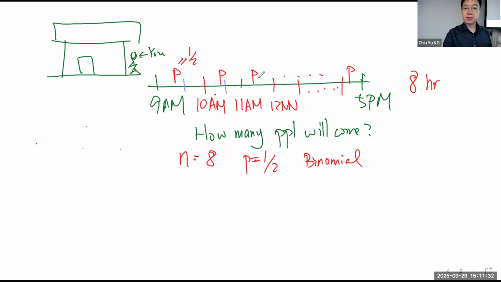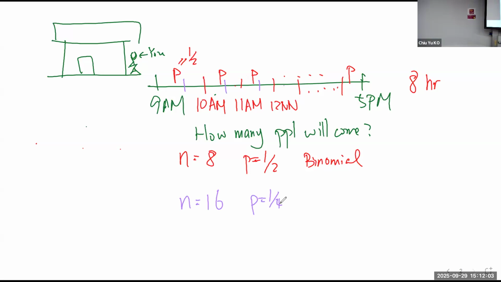And at most one person will come, right? So then it becomes n equal to 16, and P may be 1/4, right? In that case, so and so forth. You can keep cutting and cutting. This interval time will be smaller and smaller, and to the so small, that it becomes Poisson.